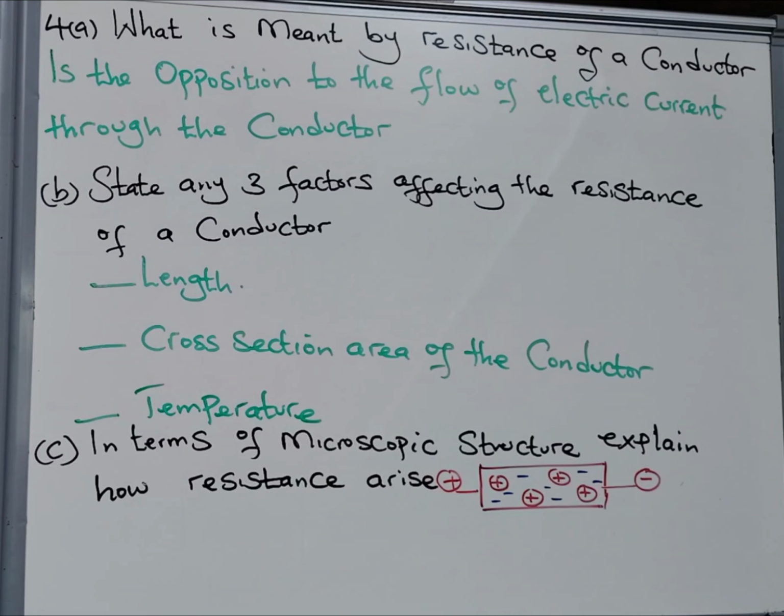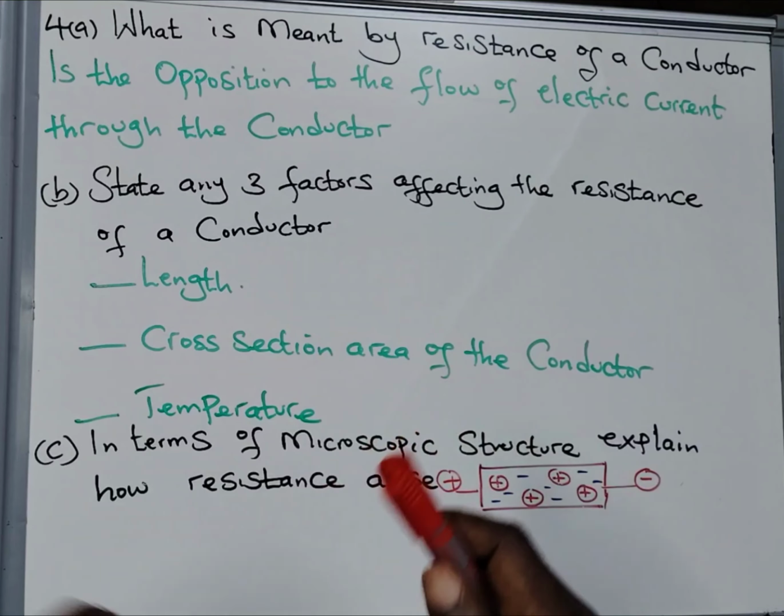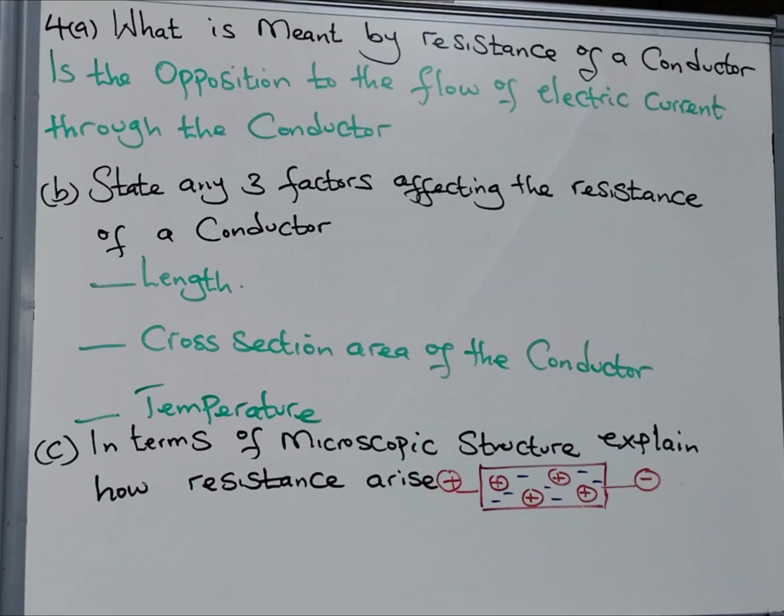But as they are moving, they are being obstructed by these positive particles which are busy vibrating. During the vibration, they obstruct the flow of electrons, and that's what causes a resistance.